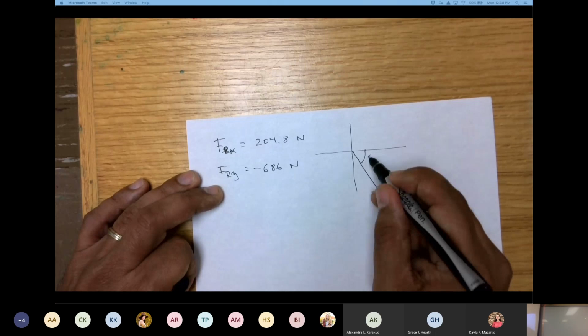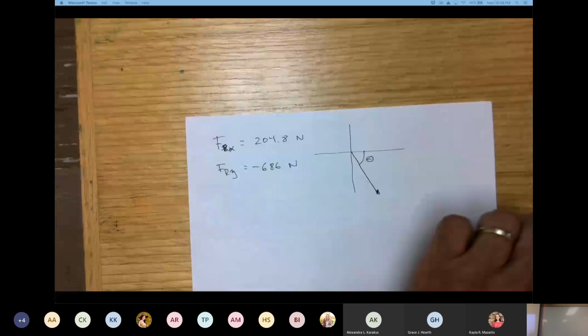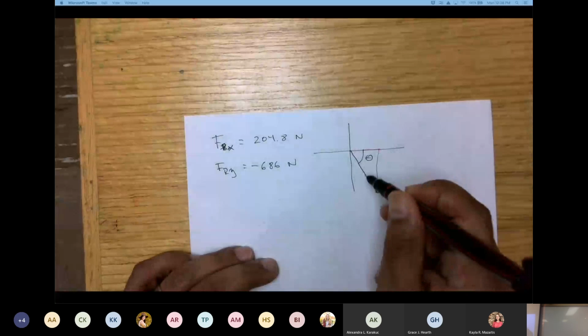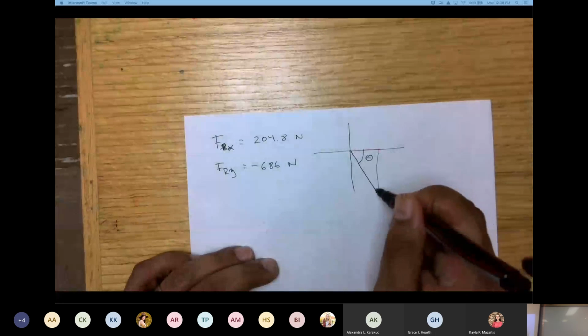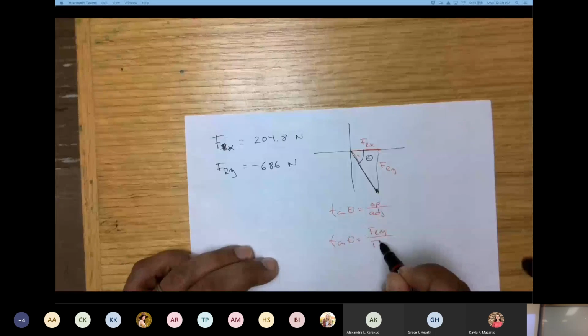So I'm going to draw a right triangle that's going to look like this. And remember, tangent of theta is opposite over adjacent. So the opposite of this angle is the y component, and the adjacent of this angle is the x component. So tangent of theta is the y component over the x component.